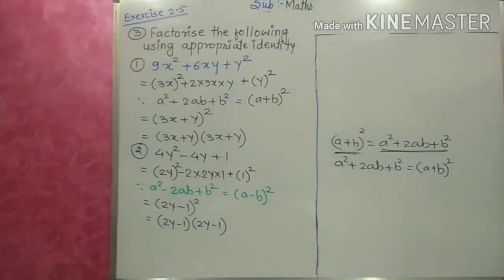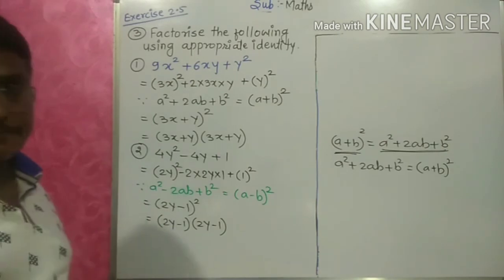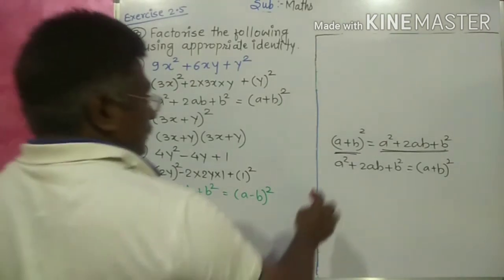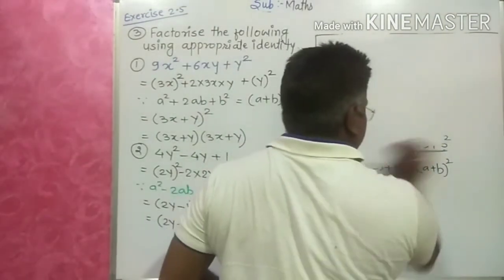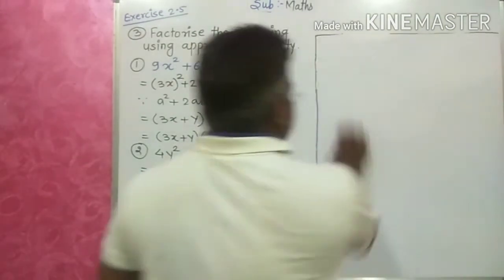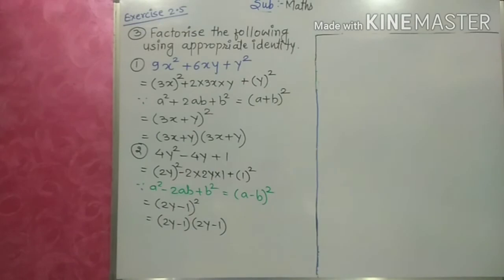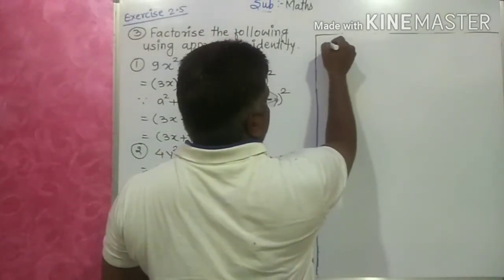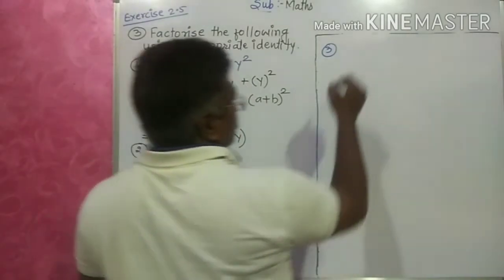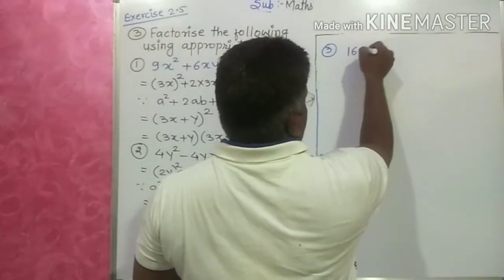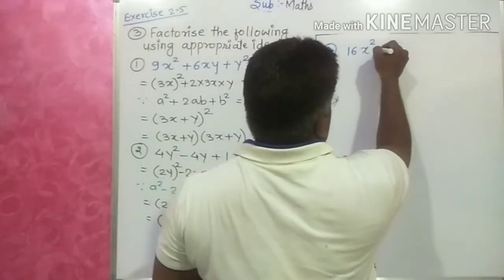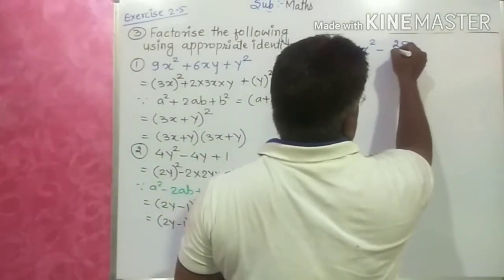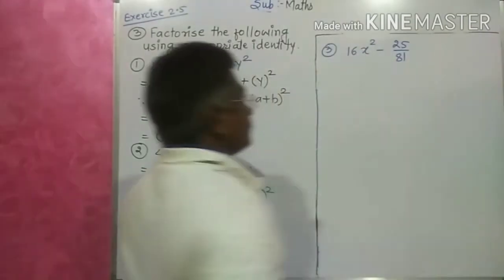Okay students, how to solve, understood this? Now the third example: 16x square minus 25 by 81.